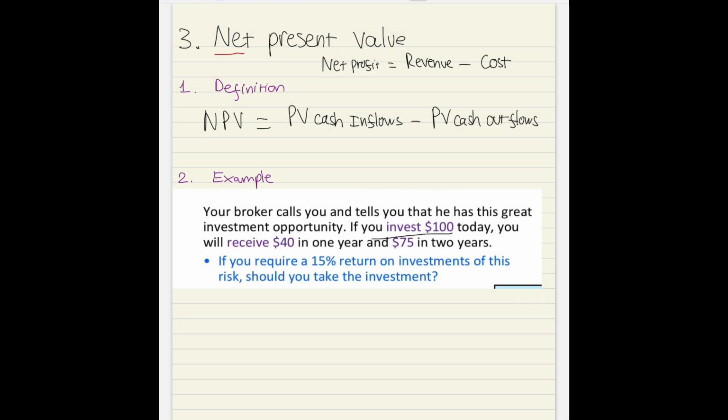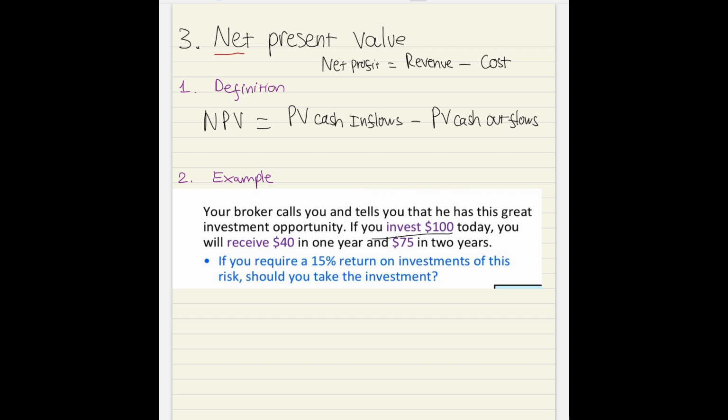So before we solve the problem, let's analyze it together. Let's analyze every number that appears in this exercise. First of all is $100. You invest $100. So what does it mean? It means that you make a $100 outflow from your own pocket, because we are looking at the investor perspective, and you invest $100, meaning you take out your own $100 and put it somewhere else.